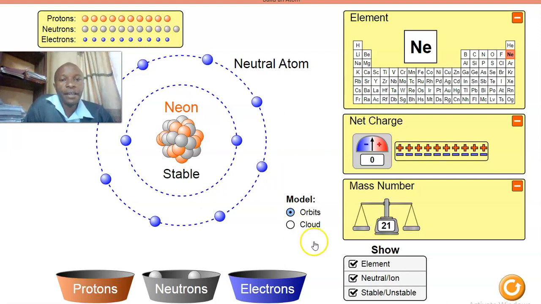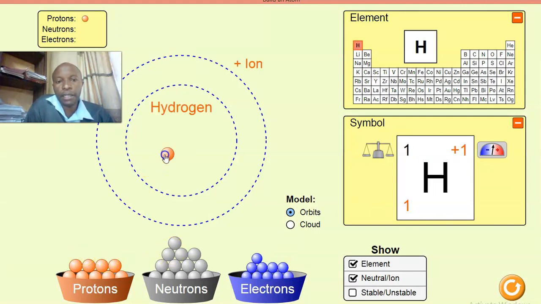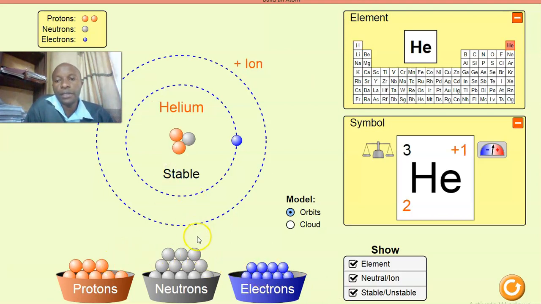Now, after they are done with this, they can also play around with this for the symbols. They can try to create the same and see what happens. This one gives you the composition, and you can also talk about it being stable or unstable, and you can use it for any purpose that you would deem fit.